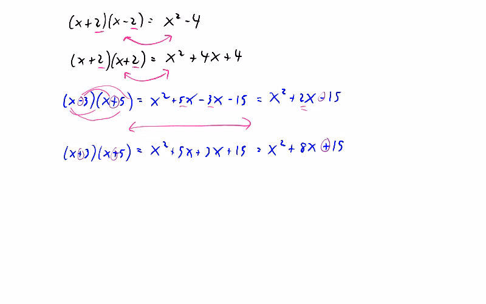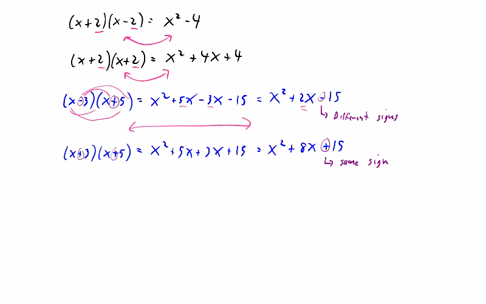A negative 3 times a negative 5 would give me the same result. So if I wanted to factor this, I would know that if I have a minus on the final term, we must have different signs. If I have a plus term, the two factors must have the same sign.